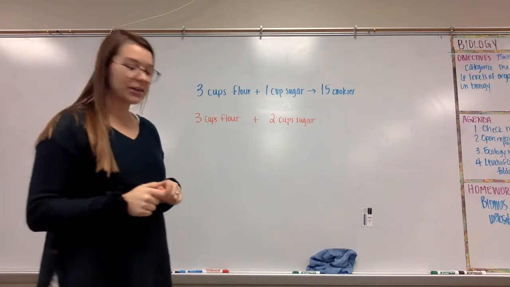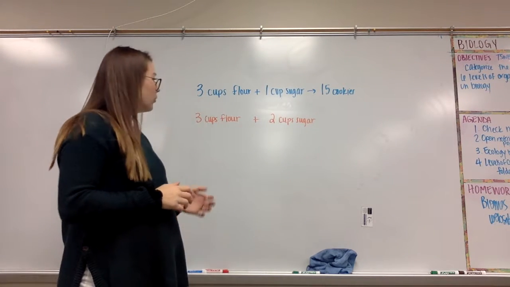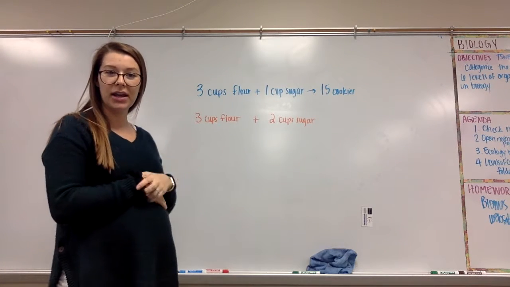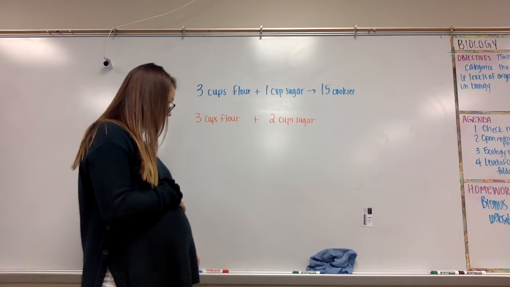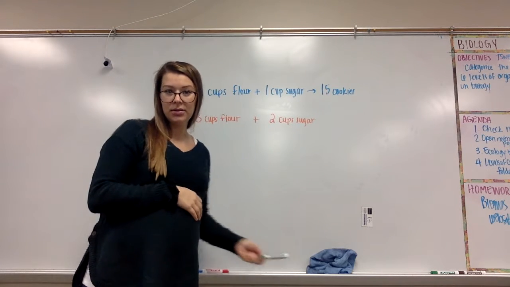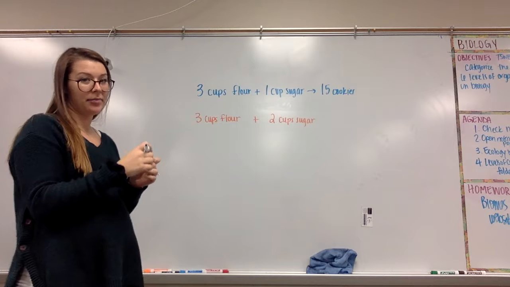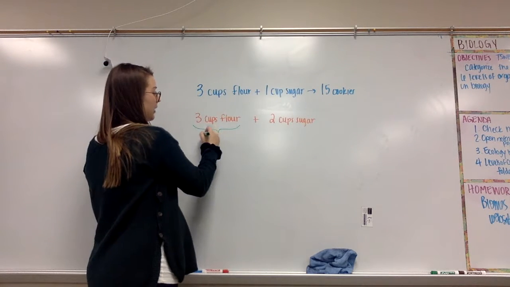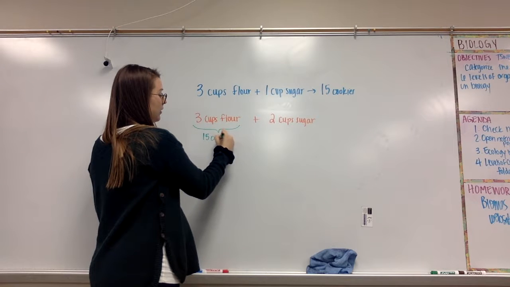So think about that for a second, and let's think about what is the determining factor here that's going to tell me how many cookies I can make. So you should be thinking 3 cups of flour will make me 15 cookies, right?